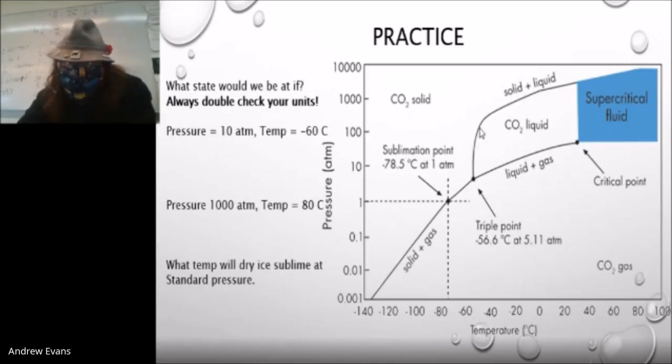As the pressure goes up, it becomes easier and easier to become a solid, whereas with ice, as the pressure went up, it was harder and harder to make it solid. That has to do with the density, the packing of these molecules. Each graph is different, so you'll have to take it as it comes, and you're essentially just reading the graph. If you can do that, that should be some easy points.